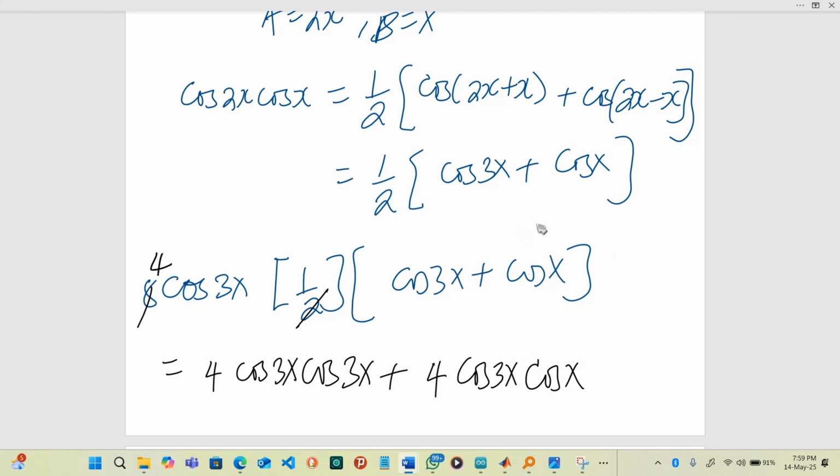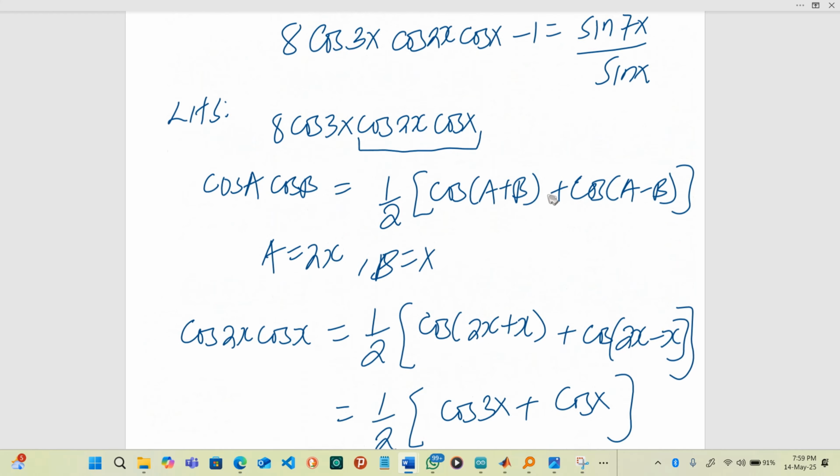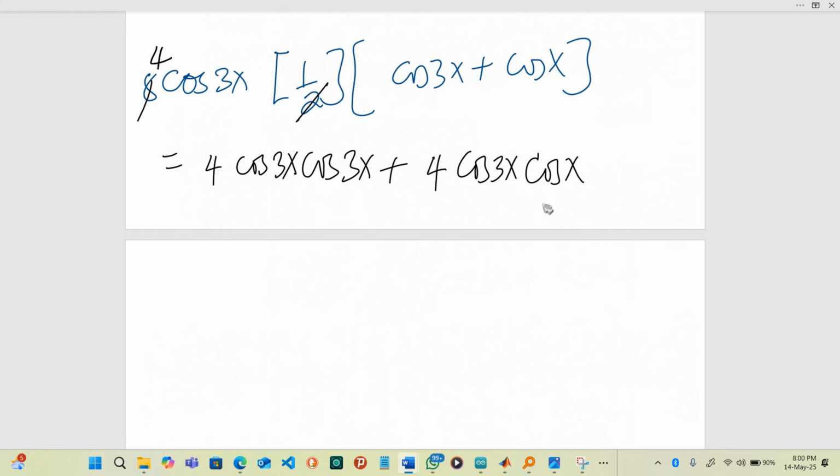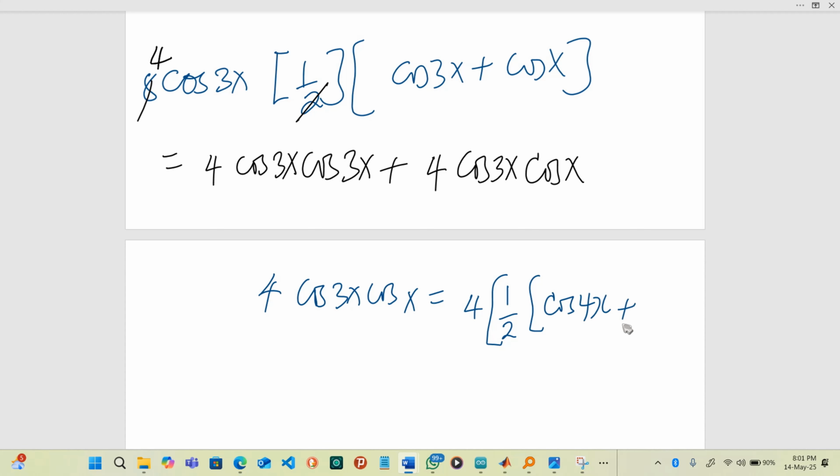Remember, the other one is still not yet considered. We are still dealing with this problem. Now let's consider 4 cos 3x cos x. This will equal to 4 into a half, so this becomes cos of 4x plus cos of 2x, because this is 3x minus x, so cos of 2x.